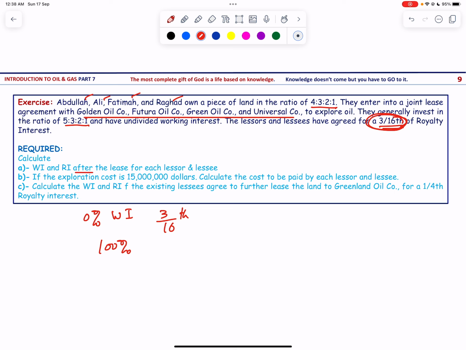Now, if the exploration cost is $15 million, calculate the cost to be paid by each lessor and lessee. So after the lease, the lessees, that is the oil companies, are going to pay 100% of the cost, and let us see how this will be allocated.